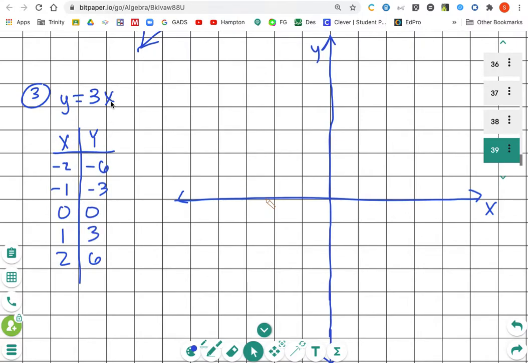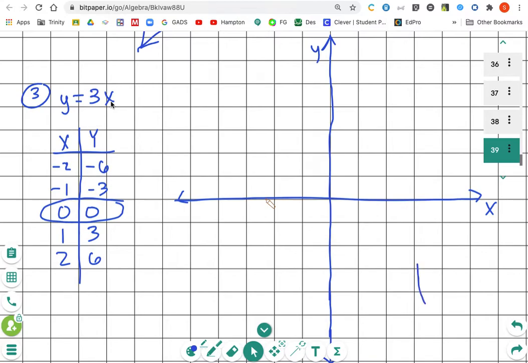And 2 times 3 is 6. Now, this key ordered pair in your table, 0, 0, is going to give us a clue that this equation is proportional because it's going to go through the origin.